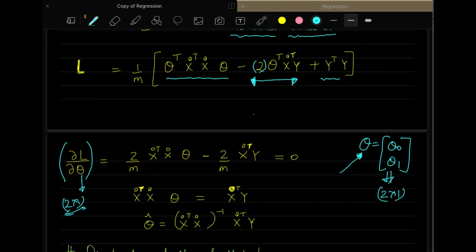So once you do the derivative of the loss with respect to theta, you will get this expression. This is also coming from matrix algebra. If you have any doubts here, you can look into the identities, and you will get to know what I'm saying. So this is theta transpose theta, and you have something in the middle, so it will come out like this with theta, because it's something like theta square.